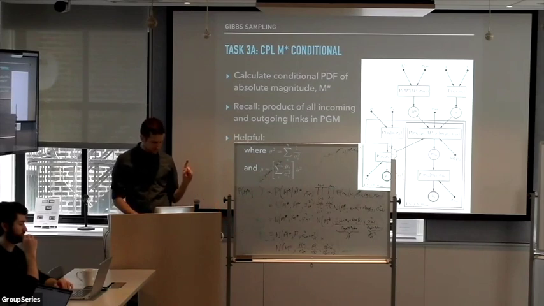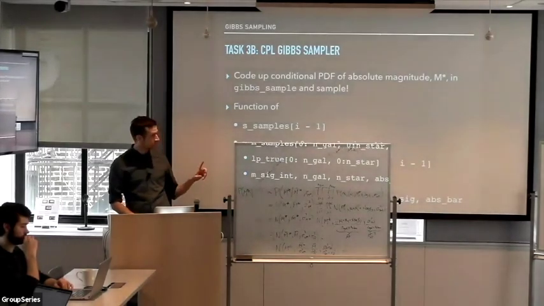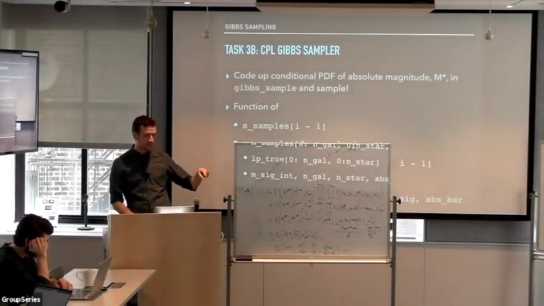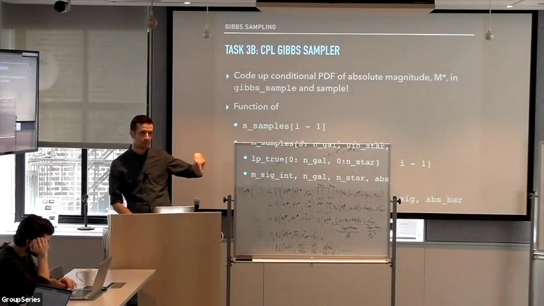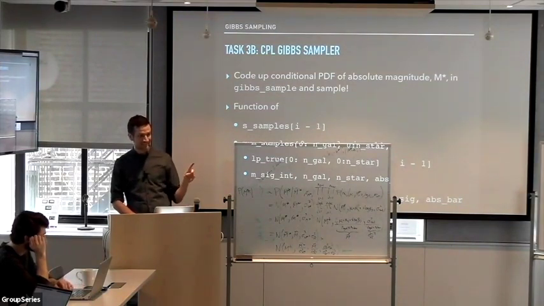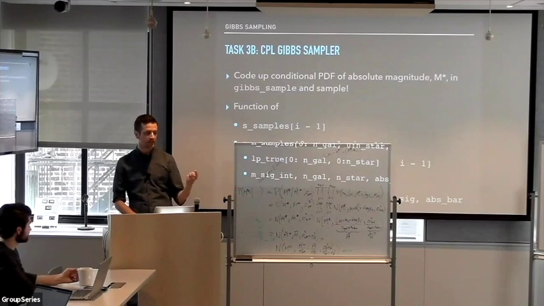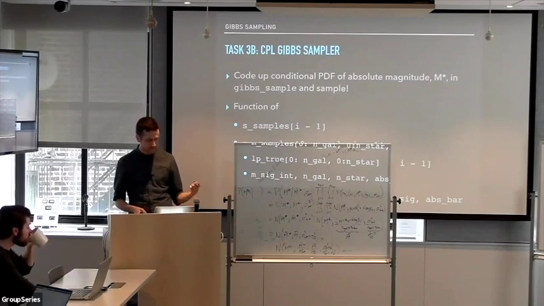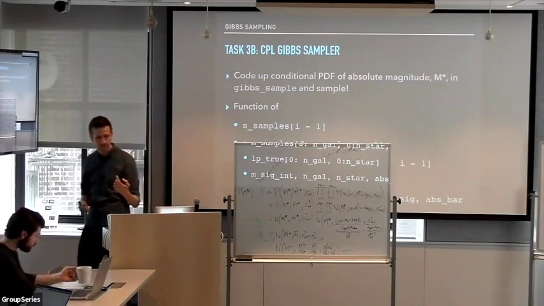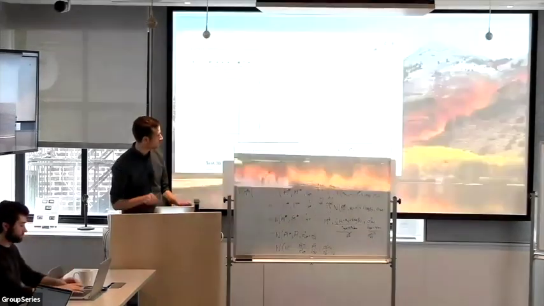And so that was going to be the next task, to code this up in the Jupyter notebook. Does anyone want to do this? If you have access to the Jupyter notebook, here, I'll show you.